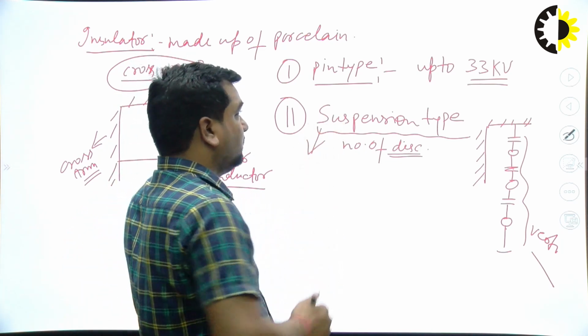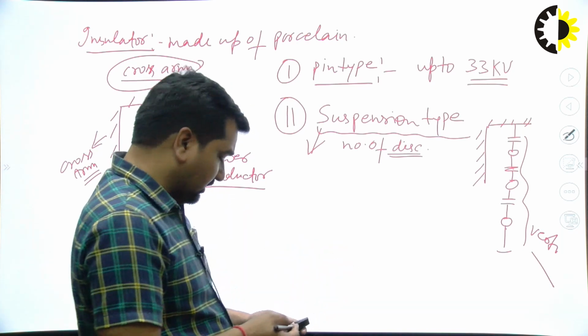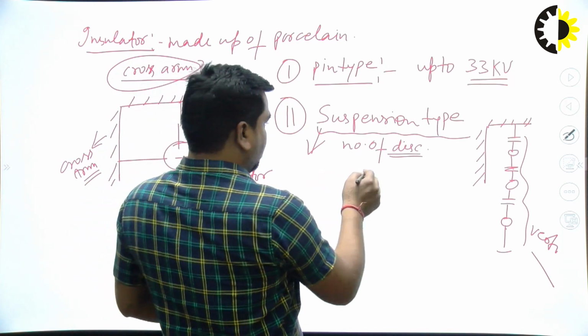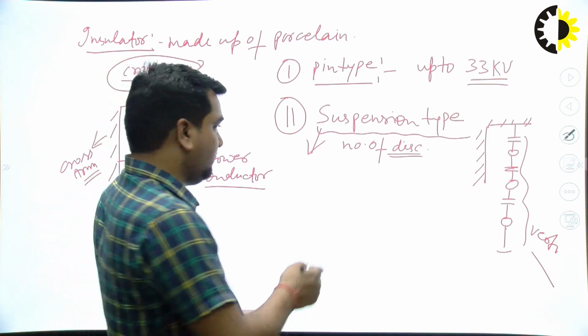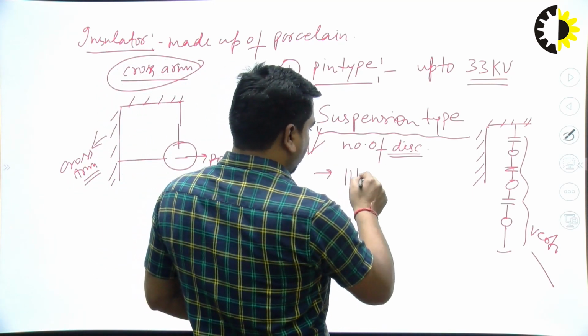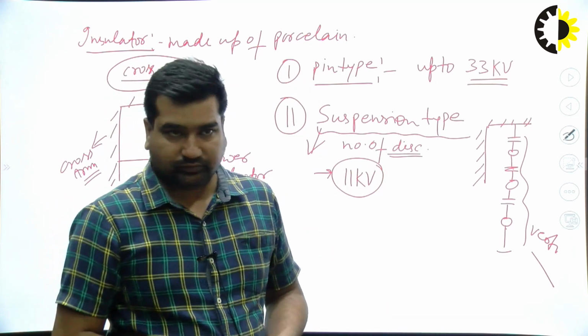That is impossible in the pin type insulator. Generally, one disc is rated for only 11 kV, meaning 11 kV for one disc.